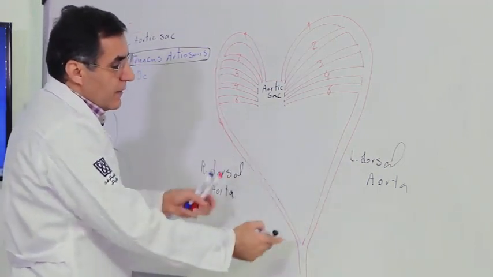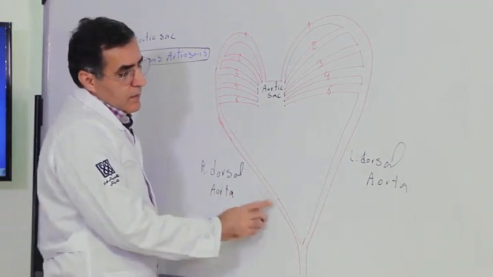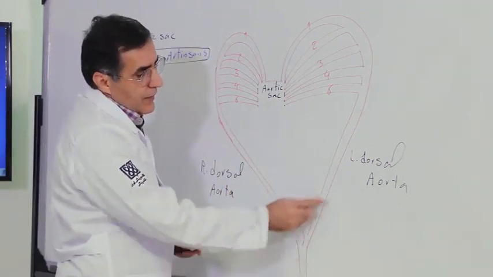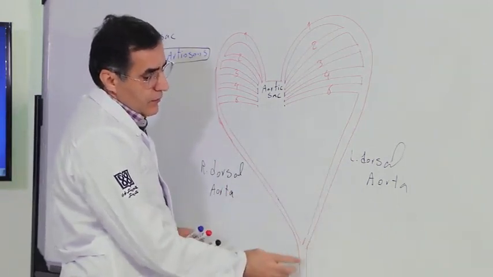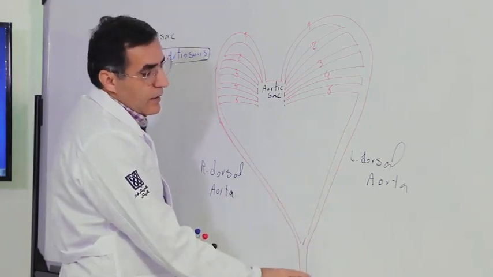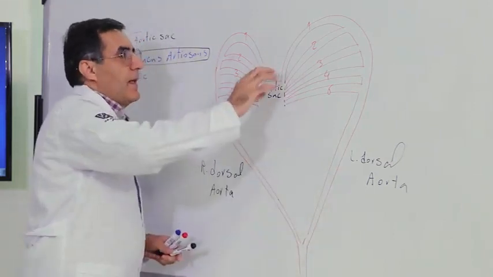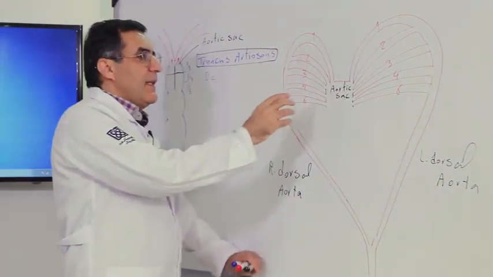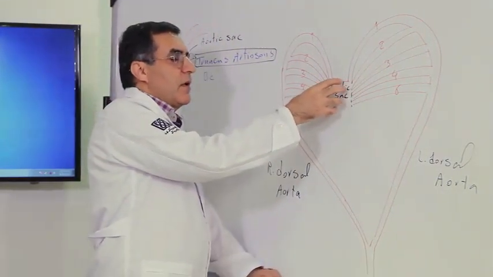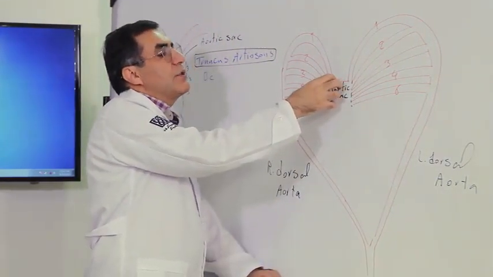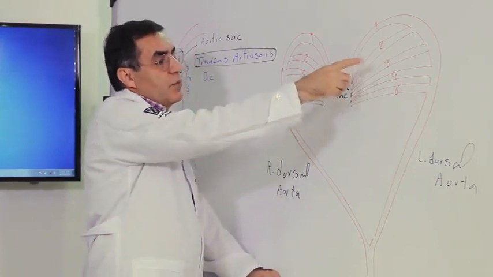You can see that after a short distance the right and left dorsal aortae join, and here we have one dorsal aorta. And attention please, the heart is situated in front of the dorsal aorta.